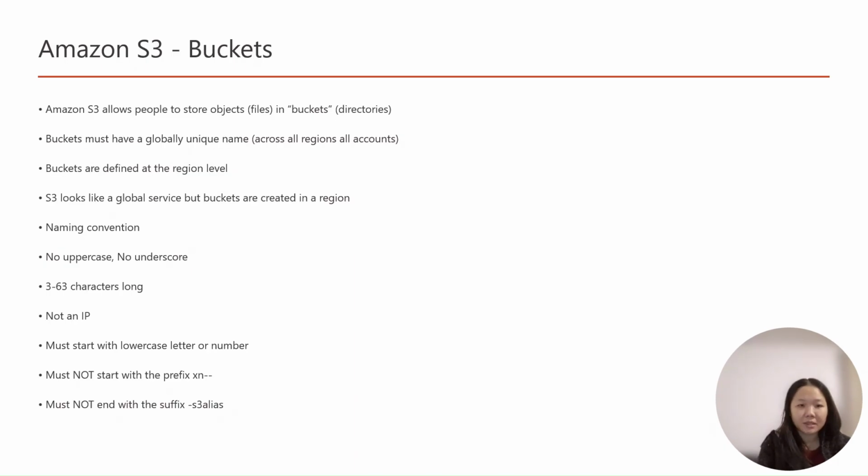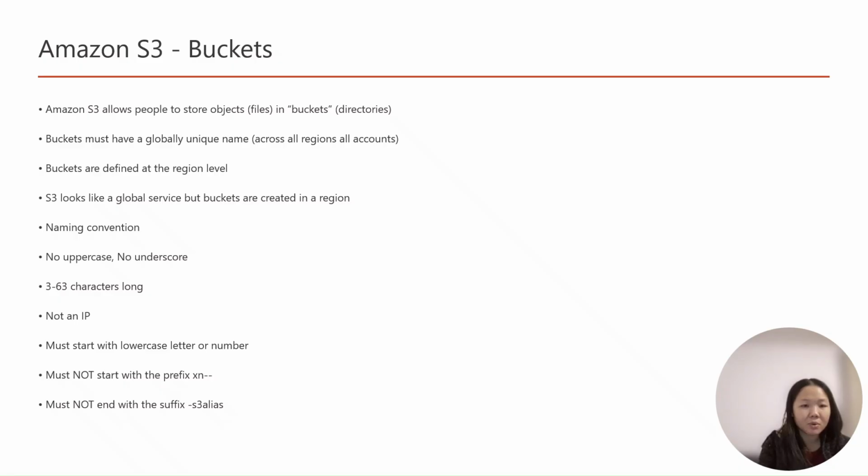Amazon S3 buckets. Amazon S3 allows people to store objects or files in buckets, which are like directories. Buckets must have a globally unique name across all regions and accounts. Buckets are defined at the region level.